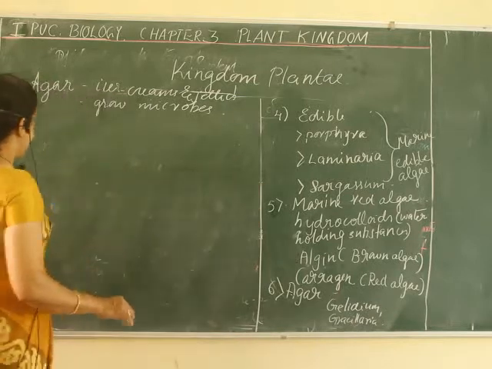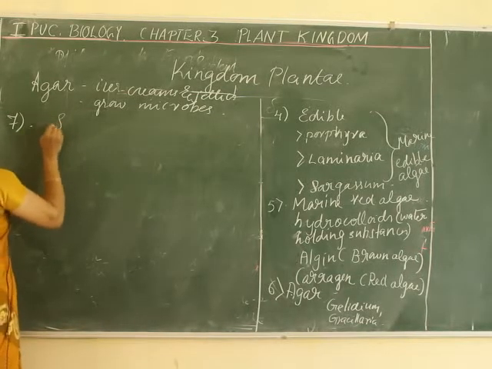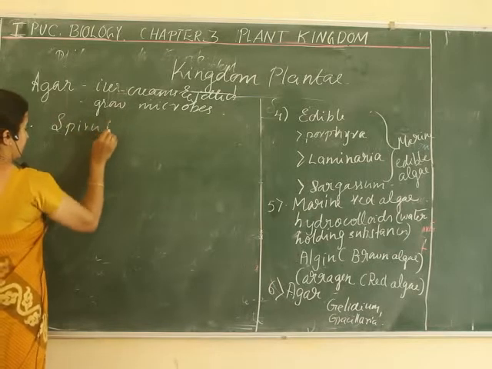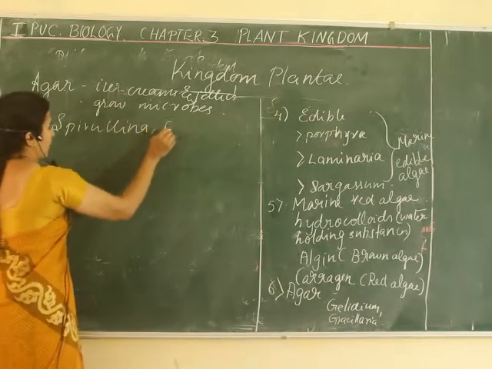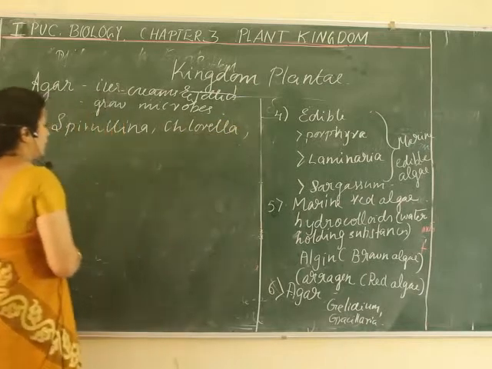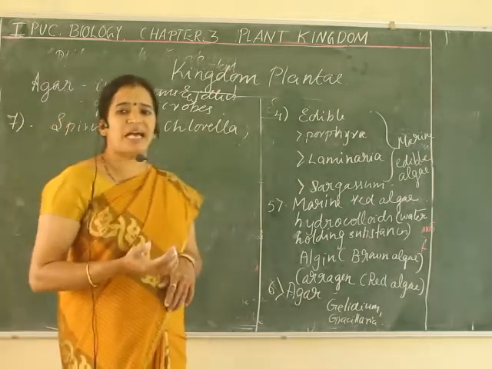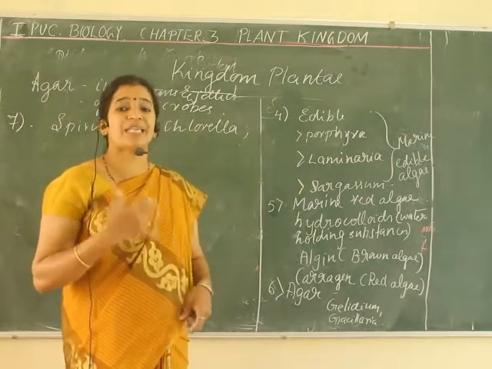Then another useful aspect of algae is that they are rich in protein. That is Spirulina and Chlorella. They are the algae which are rich in protein, so they are used as food by space travelers.